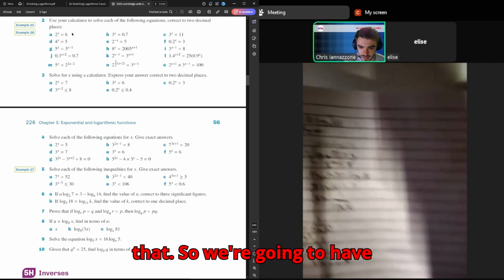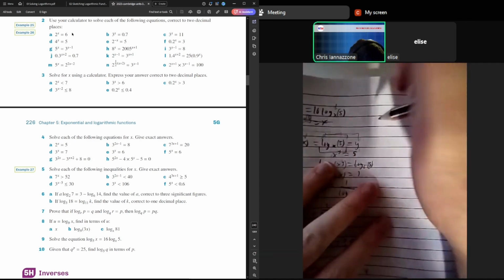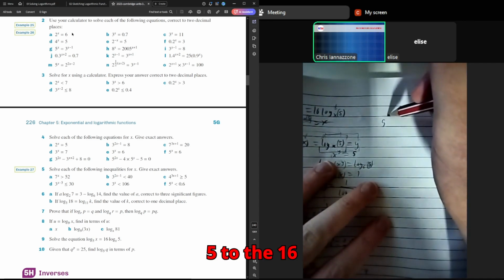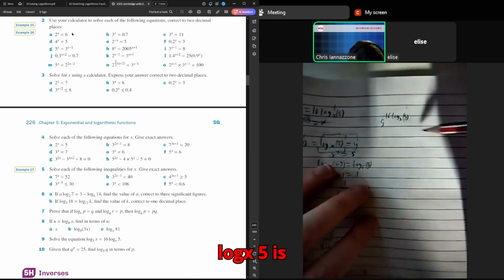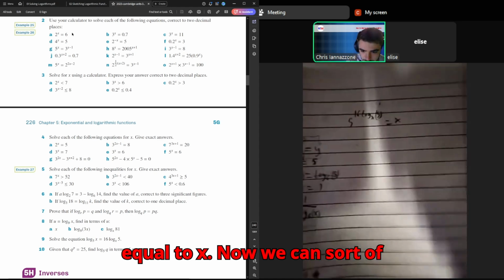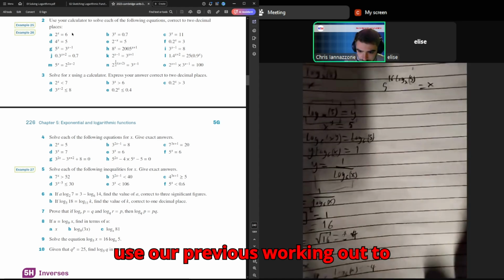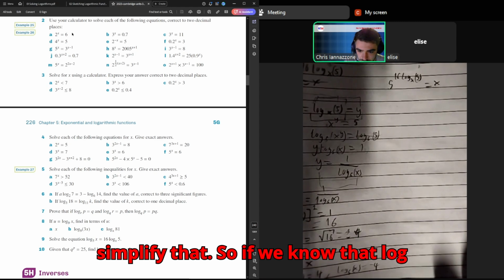So we're going to have 5 to the 16 log x of 5 is equal to x. Now we can sort of use our previous working out to simplify that.